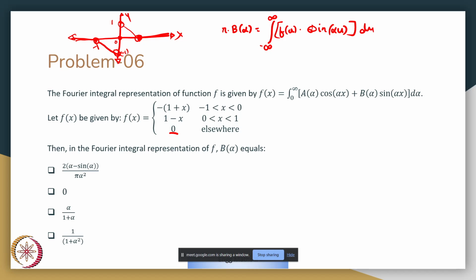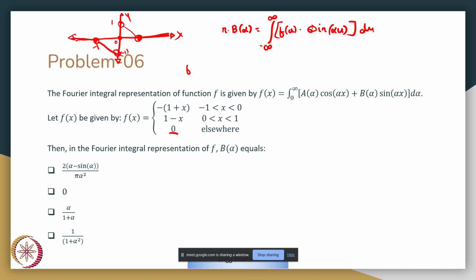Okay, can we make any remarks about this particular integrand function? Is there anything here that we can use? It seems like this is indeed an odd function f of u.